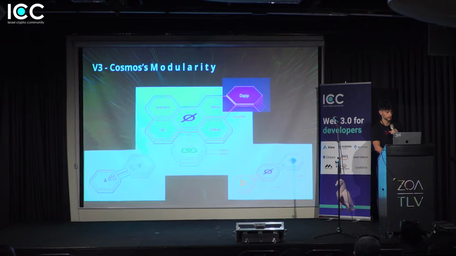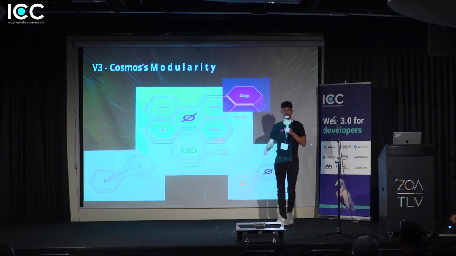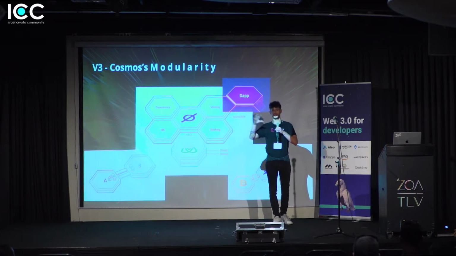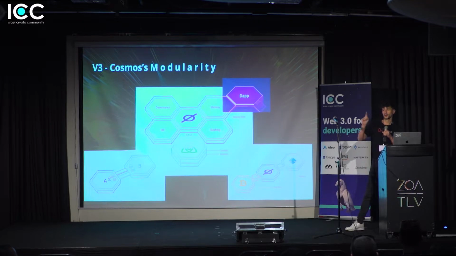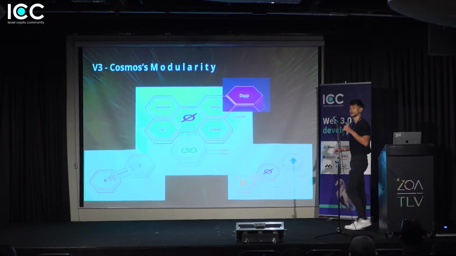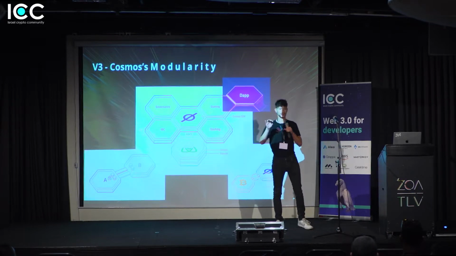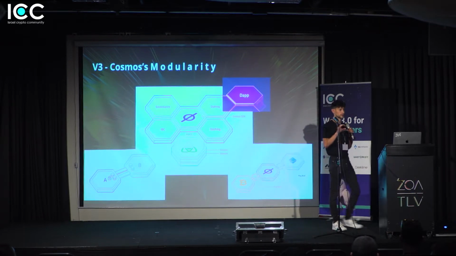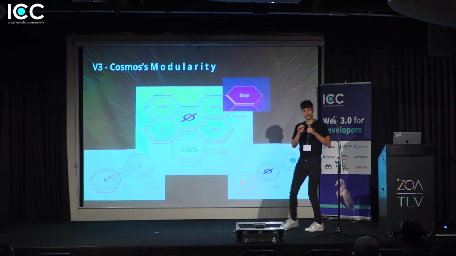And what Cosmos tries to bring, I see as two things. There's a lot of buzzwords and lots of stuff about Cosmos, but two things. One, instead of doing lots of silo L1s, where each one doesn't connect with the others, you can build your own blockchain.